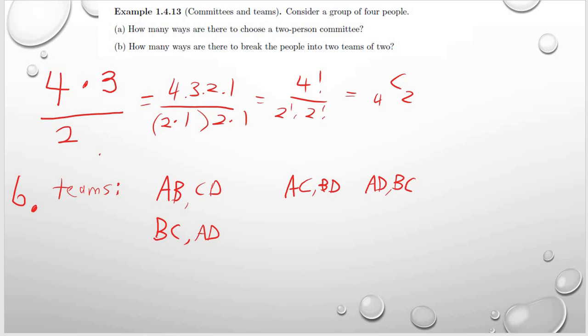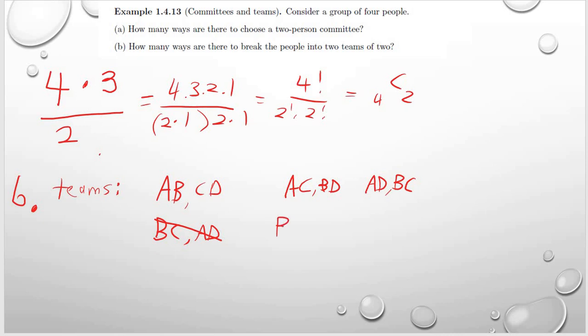BCAD, well, since being this first group here no longer means these are on the committee and these aren't, they're just a matter of teams, I see what? Do I see repetition here? Yes. I had AD and BC on teams. Here I have the same thing. So this is redundant.